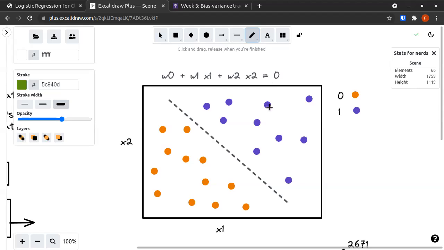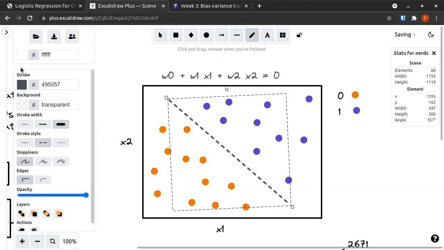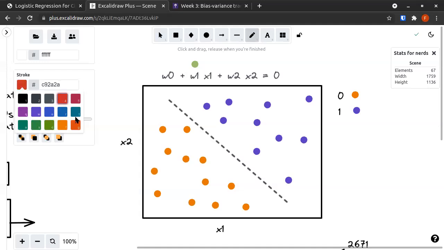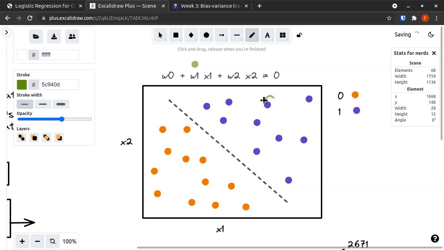Okay. Now, for a given point, let's say this point, we're going to compute this value here. Now, for this particular point, this value will be relatively large, right?